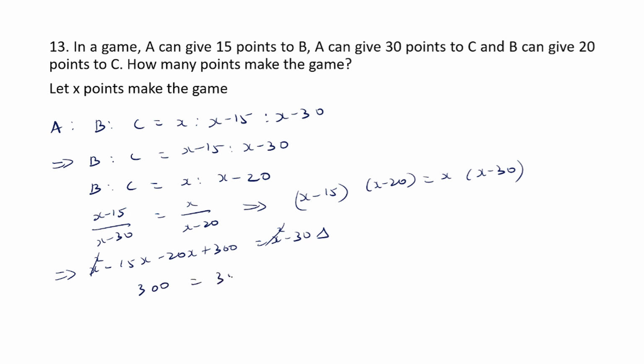So 300 equal to 35x minus 30x, or we have 300 equal to 5x. From this we have x is equal to 300 by 5, which is 60. Therefore, 60 points make the game.